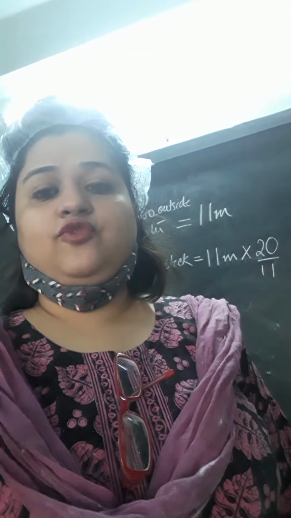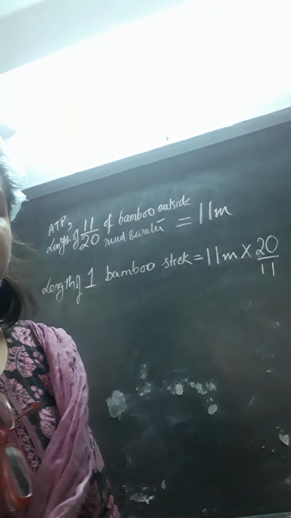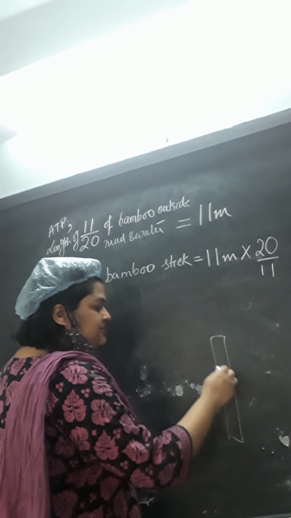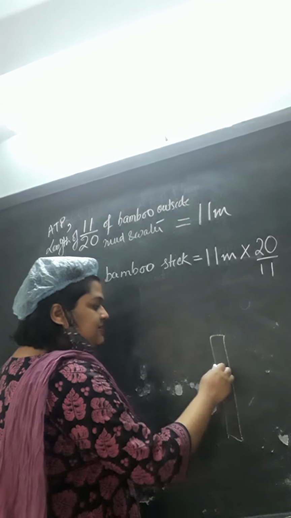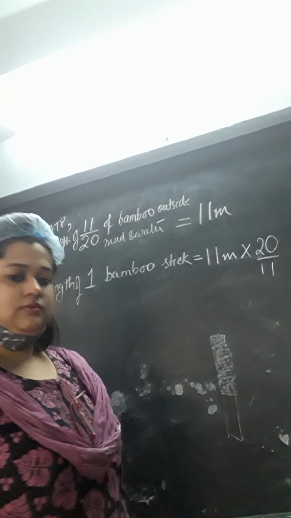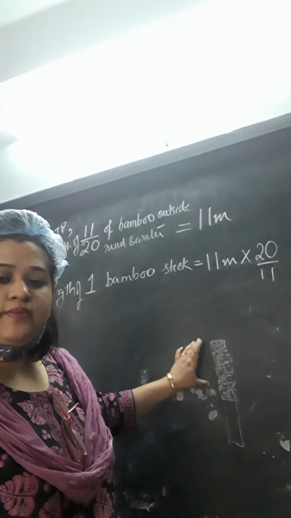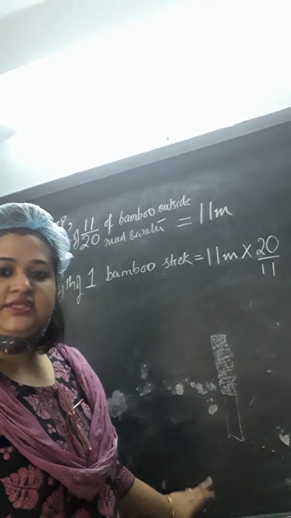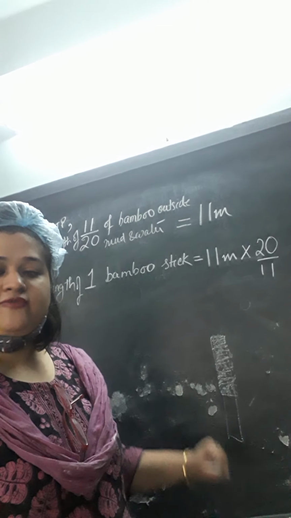But we have to find the length of the entire bamboo stick which is a single stick. So obviously, if this is the stick, if I say 11 by 20 part means this much, only this much. So the entire one stick will measure more. Definitely the total stick's measurement should have more value.